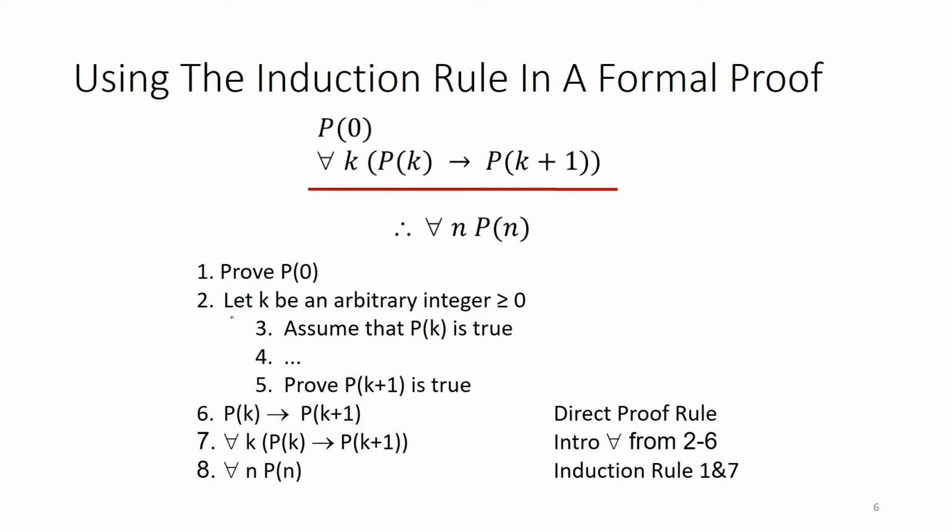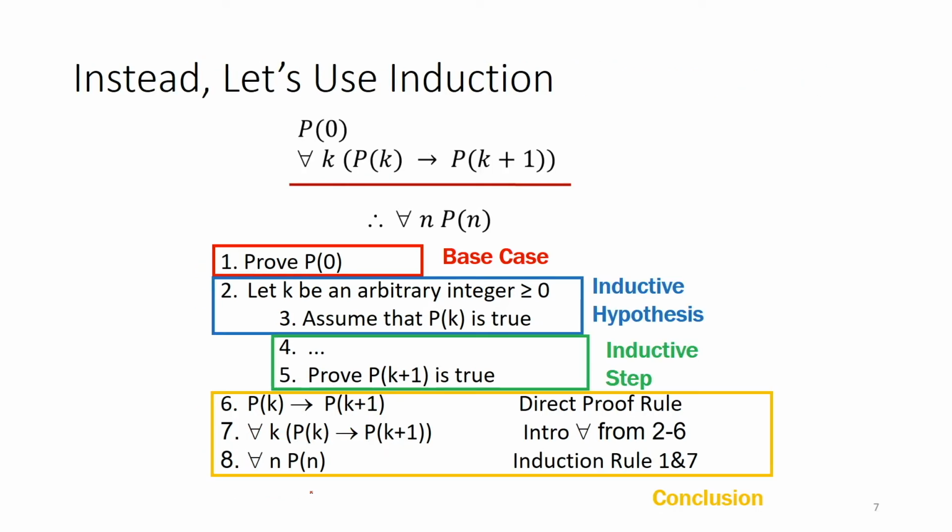If we assume P of k is true, then prove P of k plus 1 is true, that means there is some connection, and we know this implication, that's why this is true. Finally, our claim is true. So we need these things: base case, inductive hypothesis, inductive step, and finally we can get the conclusion.